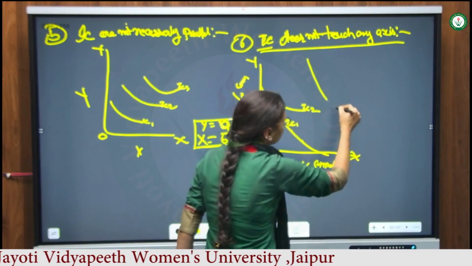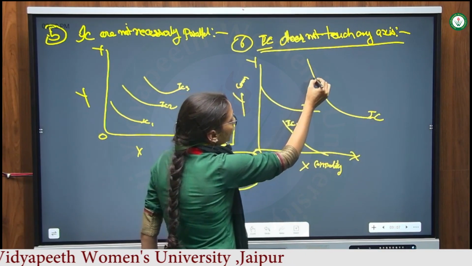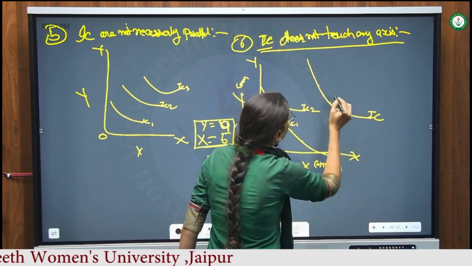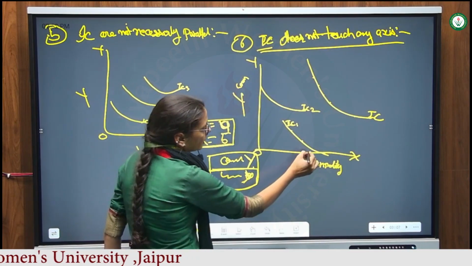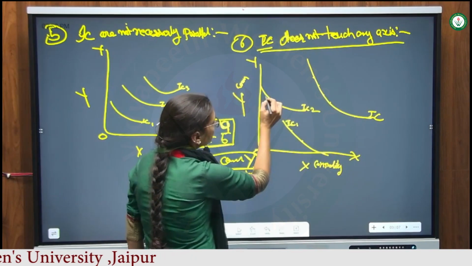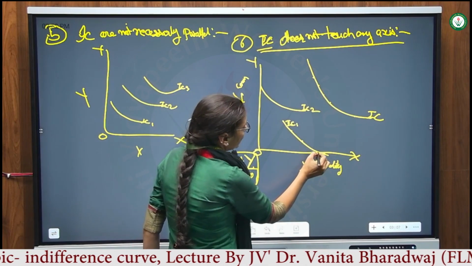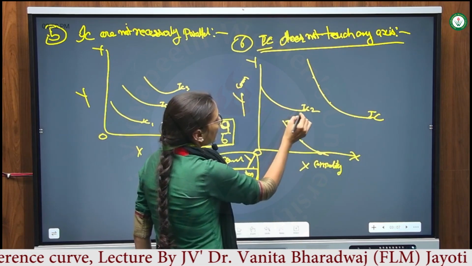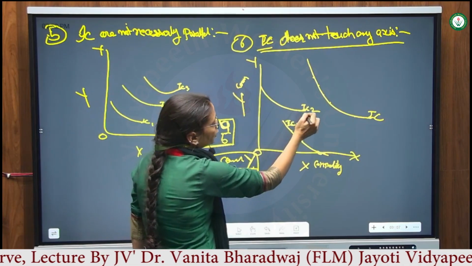So the indifference curve will be like this, not touching any axis. All these combinations on this indifference curve will give him the same level of satisfaction. The others are not giving the same level of satisfaction, because IC1 is carrying 0 units of x with some units of y, and IC2 is carrying 0 units of y with some units of x.